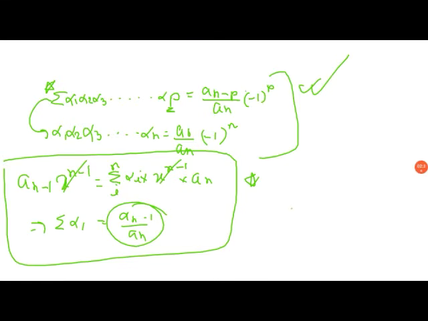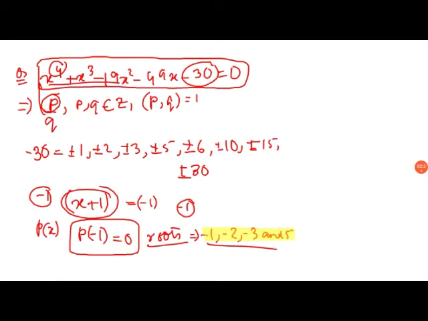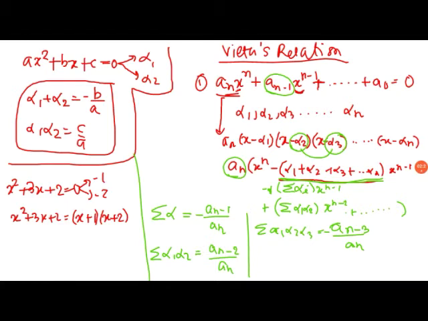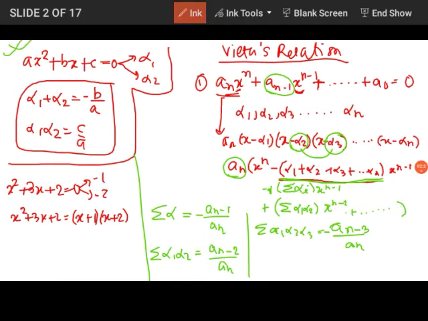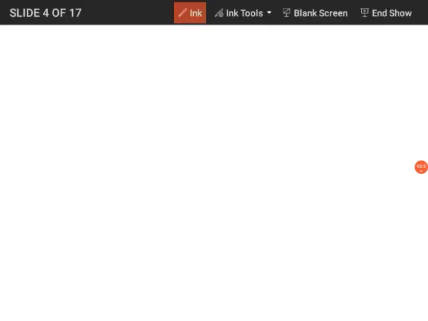Okay, now in basic maths I told you this relation. Now let's see if we can find out the same with Vieta's relations. So we took a quadratic equation, right? a x square plus b x plus c. Now as we have written the relations in terms of a n, so for this example, to make you understand, I am writing this in the a n terms.